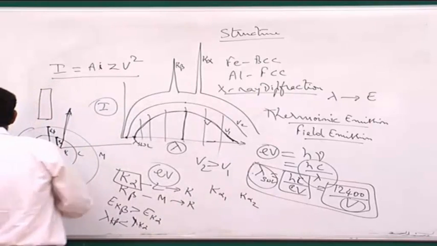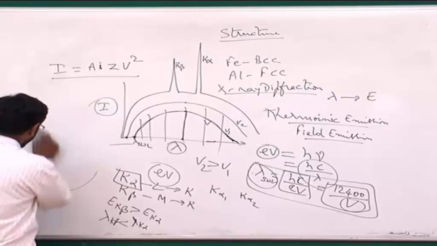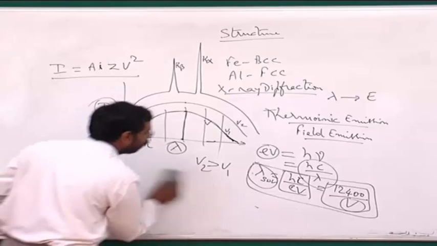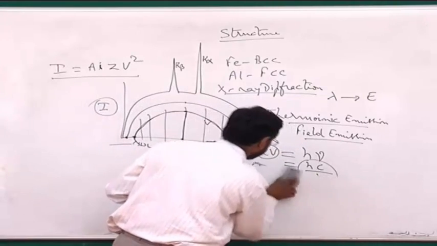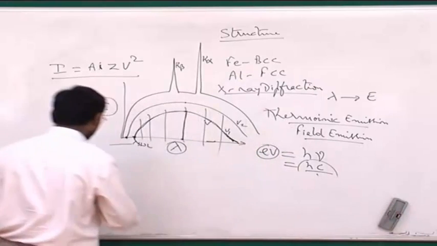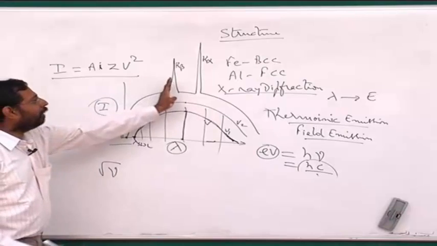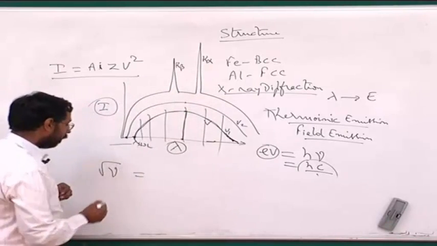And people have seen that these particular lambdas are also functions of what particular element we are talking about. For example, they have found that there is a relation for the frequency of this particular radiation.